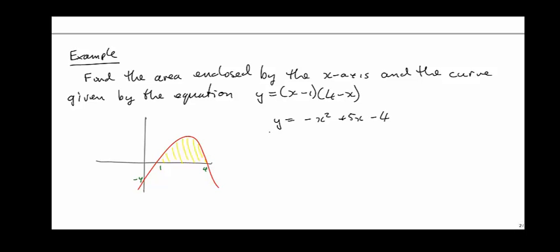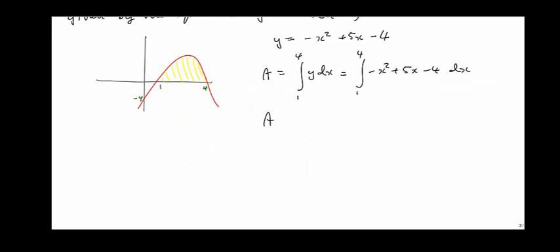And so the area equals the integral between the limits 1 and 4 of y dx, which is the integral between 1 and 4 of minus x squared plus 5x minus 4 dx. So A equals, we integrate that: minus x squared is minus x cubed over 3, 5x is 5x squared over 2, minus 4x between the limits of 1 and 4.